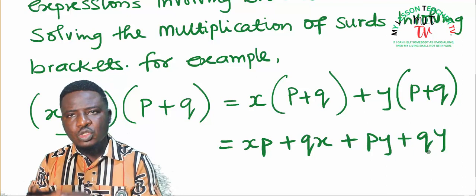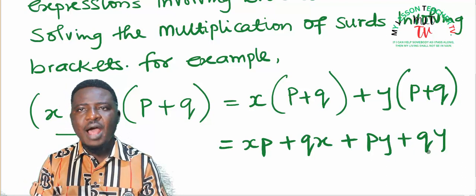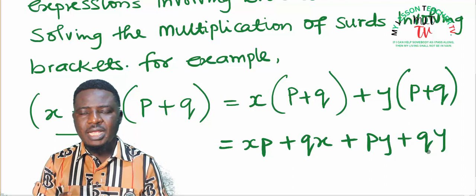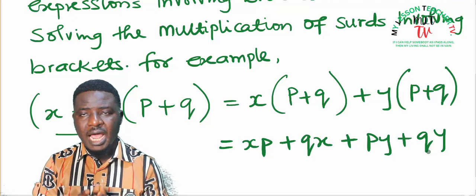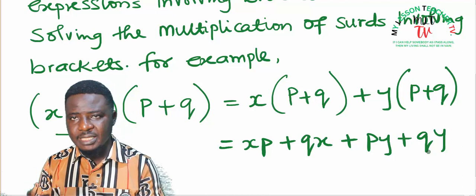So also in surds, when you have two brackets where it is binomial, you have to split one of the brackets into two and use them in turns in multiplying the second bracket.